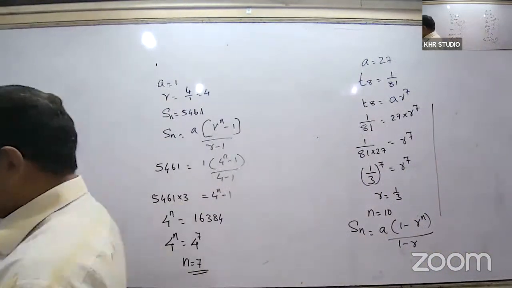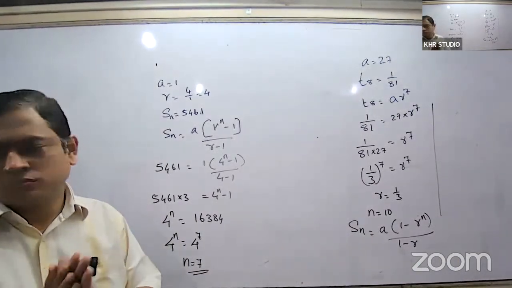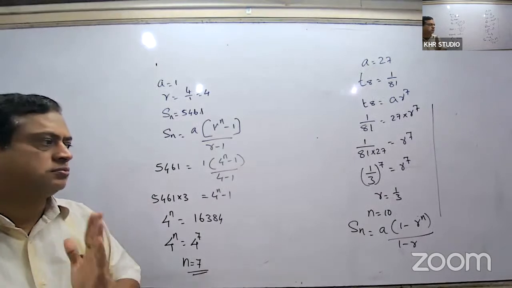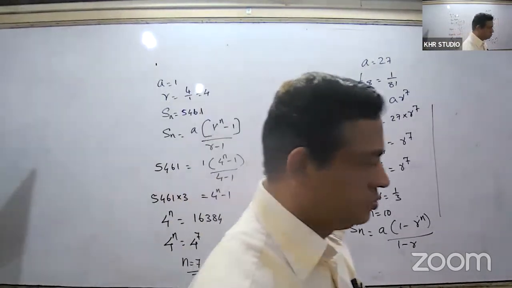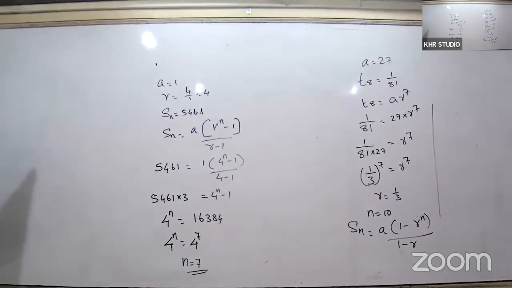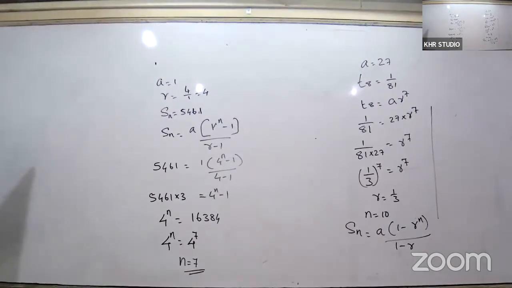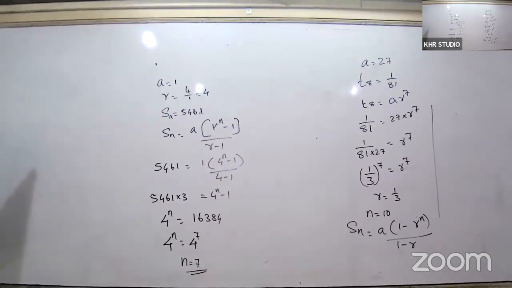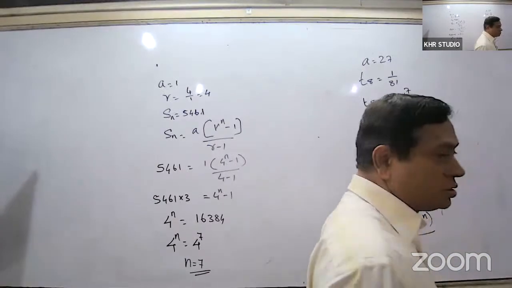There are simplifications you can do. 3 raised to 7 will be cancelled.